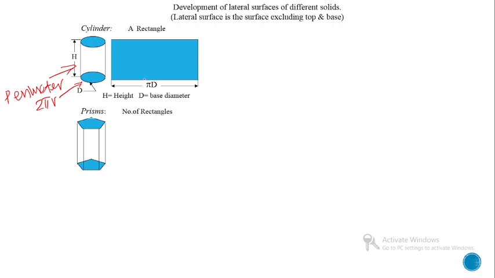In the case of a prism, the lateral surface development is a rectangle. This length, the distance between two vertical edges, is equal to s, where s is the length of the side of the base polygon.